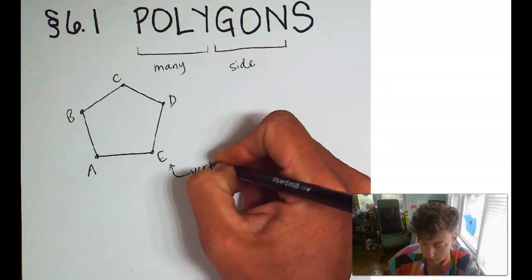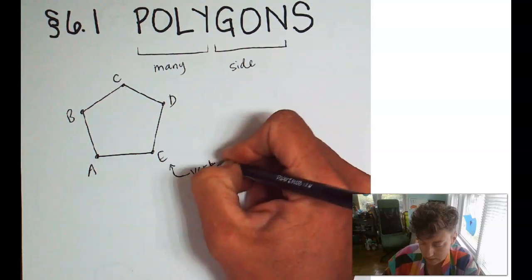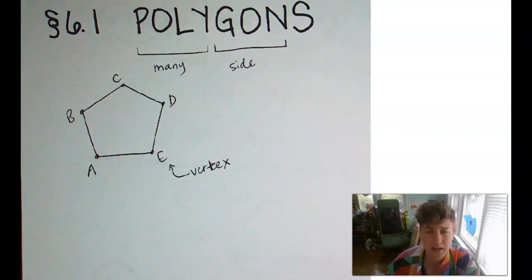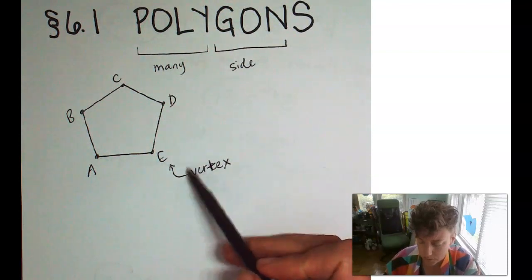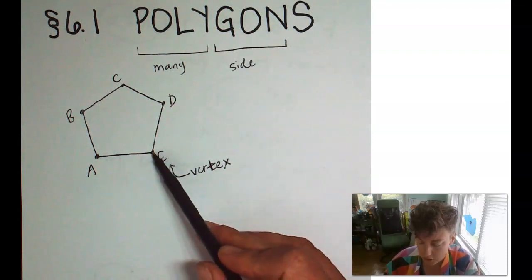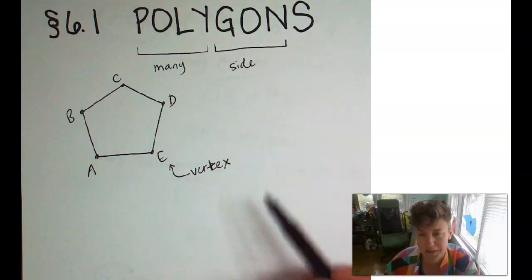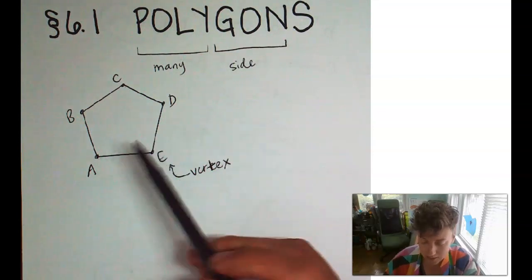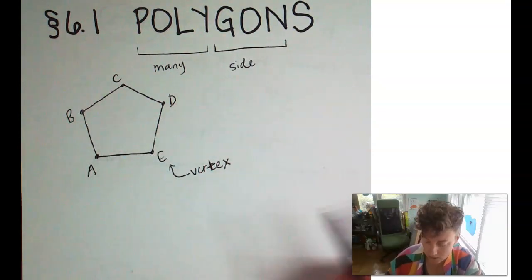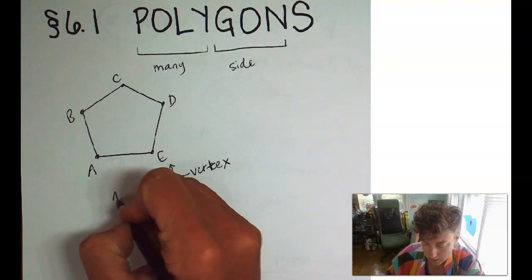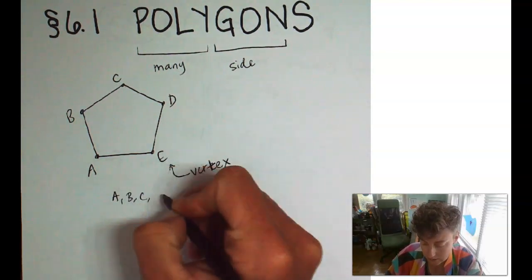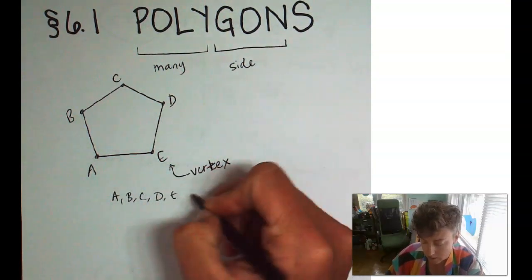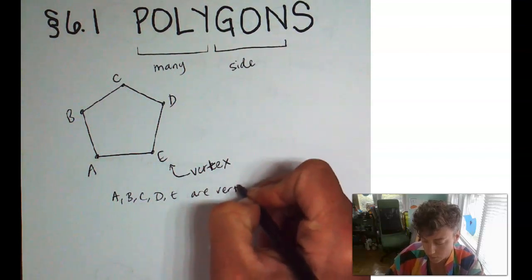And if you have multiple vertexes, we don't call them vertexes, we say vertices. So A, B, C, D, and E are all vertices. That's the plural form.